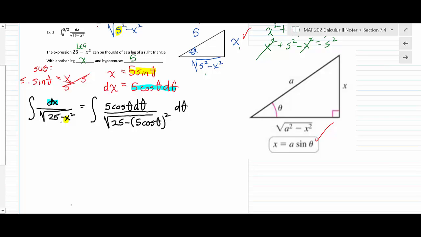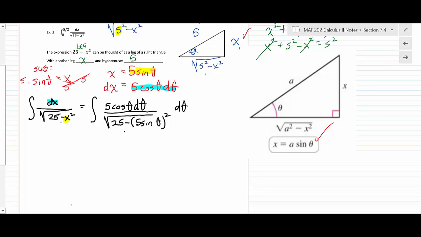Oh, I put that, yeah, thank you. x dx was 5 cosine theta, but x is sine theta, like that. All right, be careful how you get everything substituted in. So let me make sure. I think I'm good. Yeah, okay, so everything's good now.